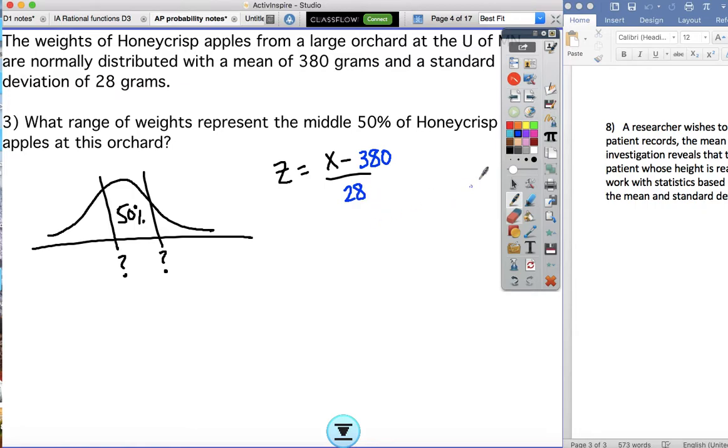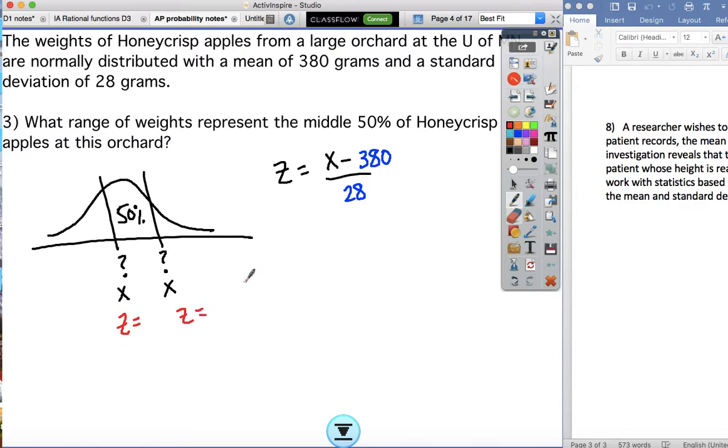What the question is asking me about is what is the value of x? Because x represents the range of weights. Well, I can't figure out x unless I have a z-score. So we got to figure that out. So I need to figure out what is the z value here and what is the z value here.